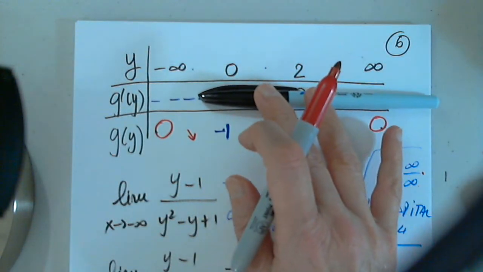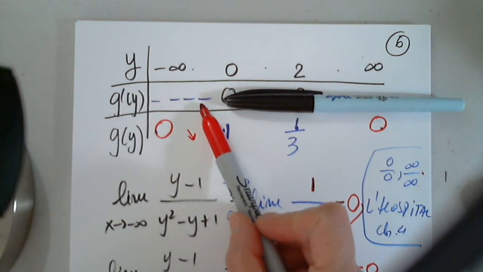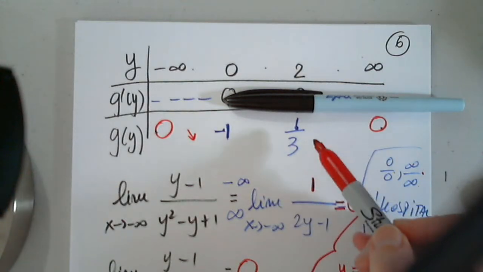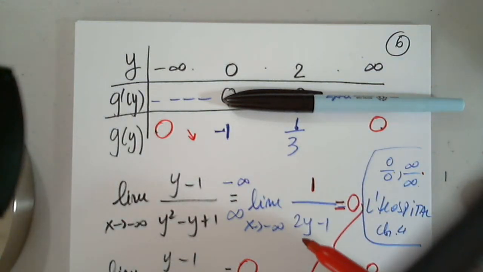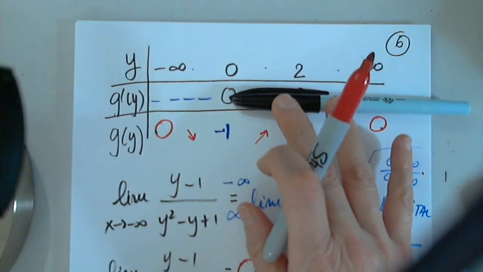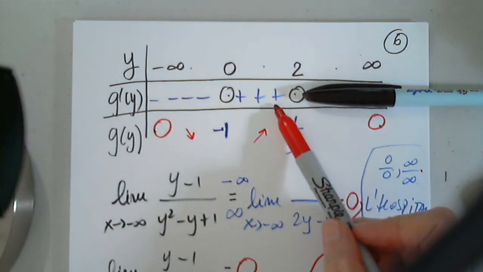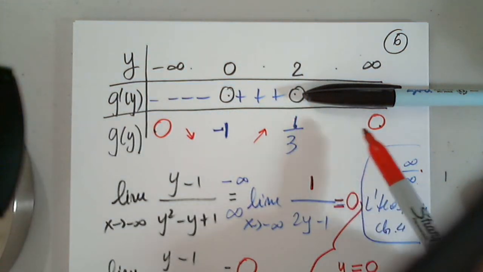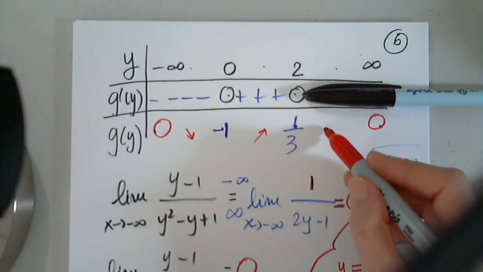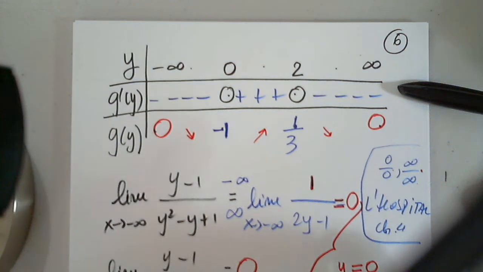Is that supported by the sign of the first derivative? Yes. Correct. Between -1 and 1/3, what does the function do? Goes up. Good. Is that supported by the sign of the first derivative? Yes. Good. From 1/3 to 0, what does the function do? It goes down. Good. Is that supported by the sign of the derivative?